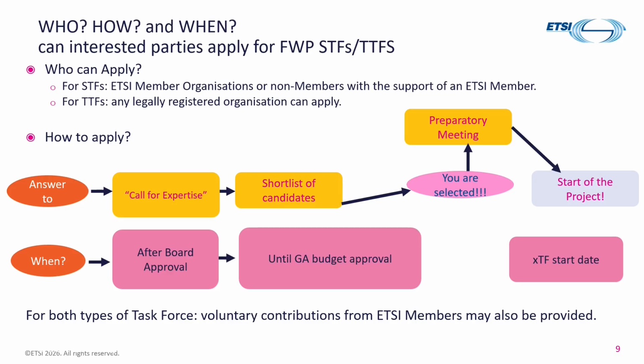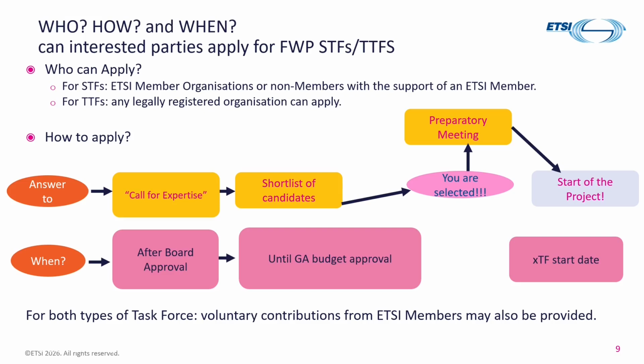If someone is interested, the process begins with a call for expertise. Published on the ETSI portal, this is freely viewable. This happens after the board approval, typically in September. Next, the ETSI Secretariat, together with the reference body chair, reviews all the applications and establishes a shortlist of candidates.